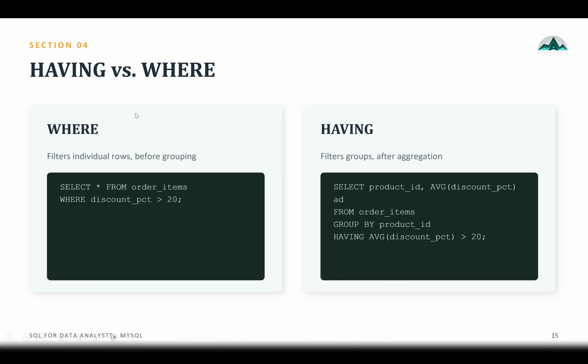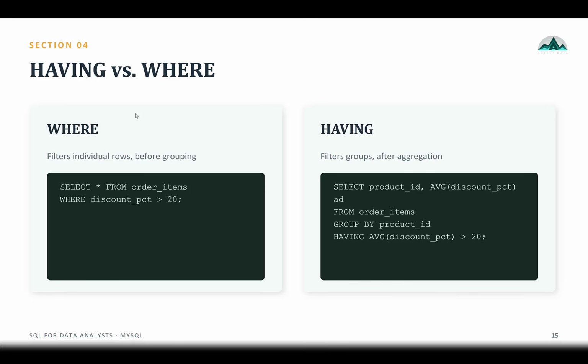This is where you have to pay attention to where you're going to put a filter. So if we wanted to look at the row level of the unaggregated results that we didn't change, just pulling from the table, we use where, which is going to allow us to filter things. So you can see where discount price is greater than 20. Now, if we use an aggregation like we have done before, we need to use having, and that's us taking those results and filtering those.